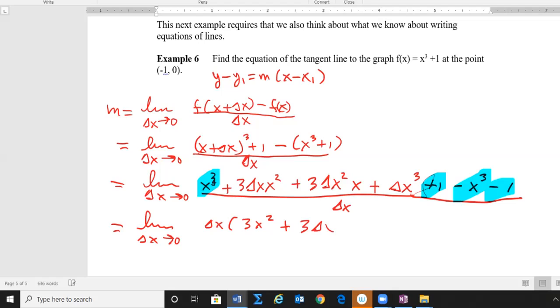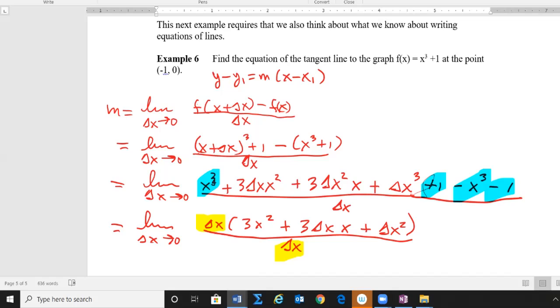Three delta x plus delta x squared. And you have the delta x down here. Okay, so you get a little cancellation here. And that divides out.